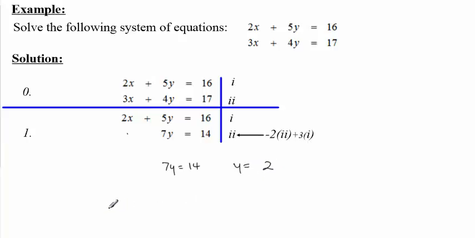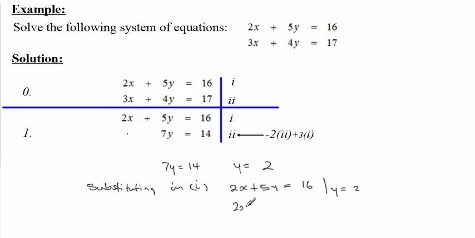Then we substitute in equation 1. We take 2x plus 5y equals 16, given that y equals 2.